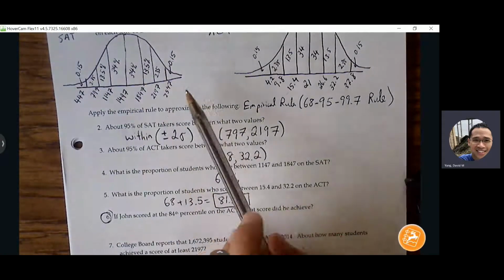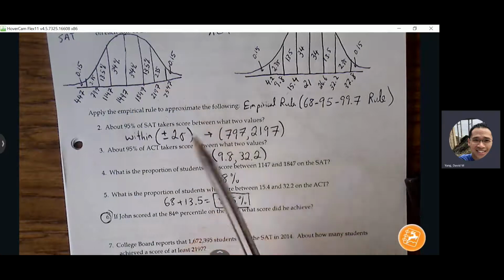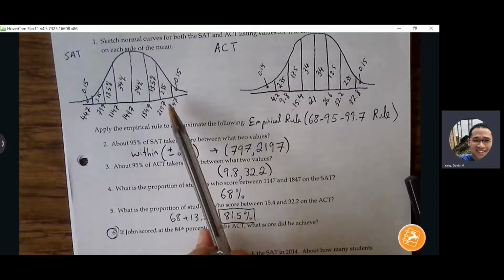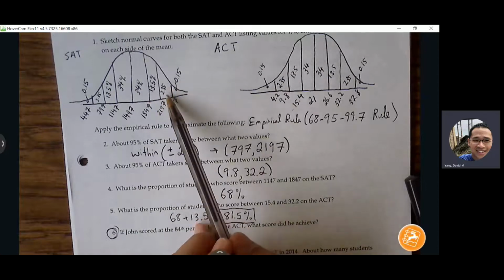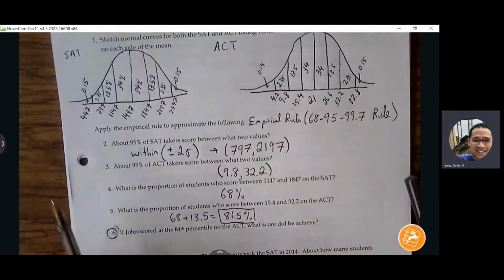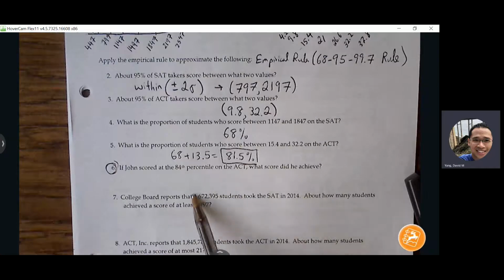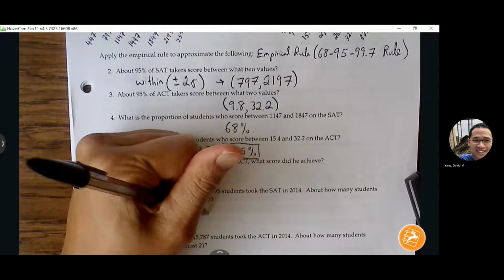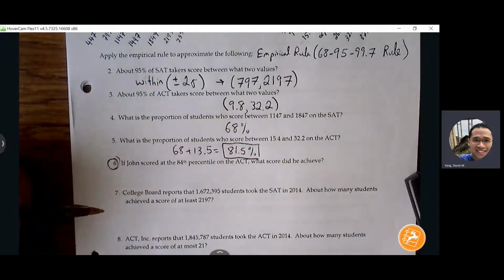So 2197, at least, that means to the right or to the left? To the right, yeah. So that means more than, right? More than. So that's going to be 2.5%. So we basically want to do 2.5% of everyone who took the SAT. So 2.5%, we got to convert it to a decimal value.